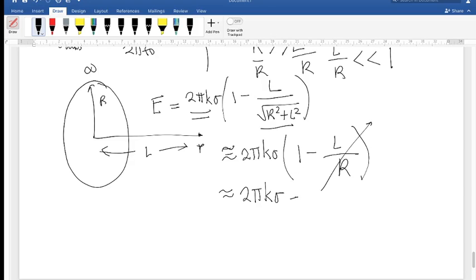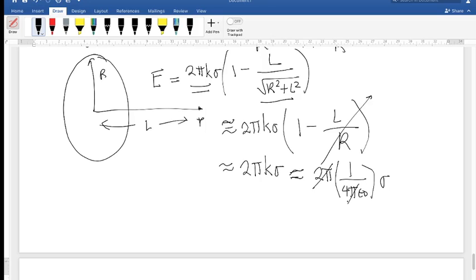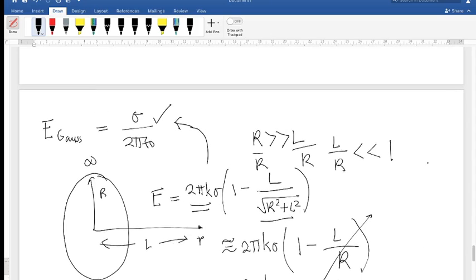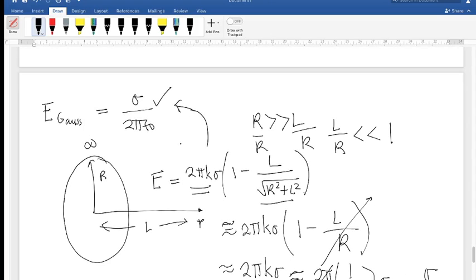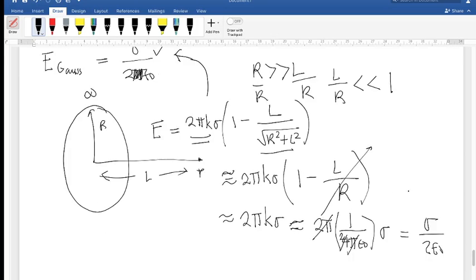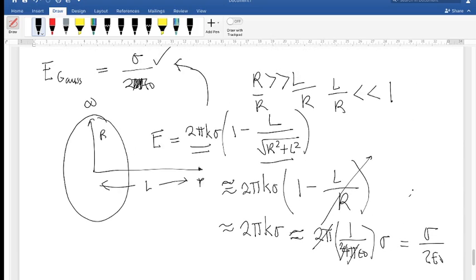So simply substituting k as 1 over 4 pi epsilon sub naught, we have 1 over 4 pi epsilon sub naught times sigma, then the 4 pi cancels, leaving 2, so this is sigma over 2 epsilon sub naught, which actually coincides with our expression in Gauss's law.